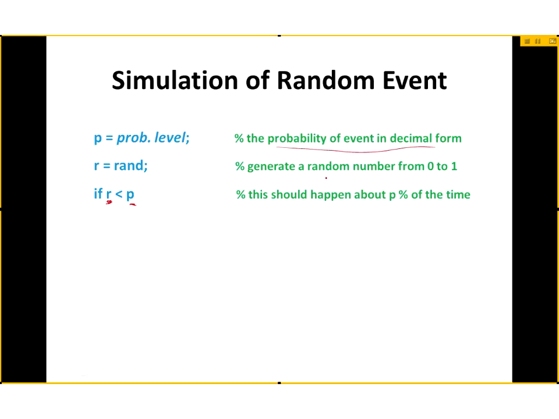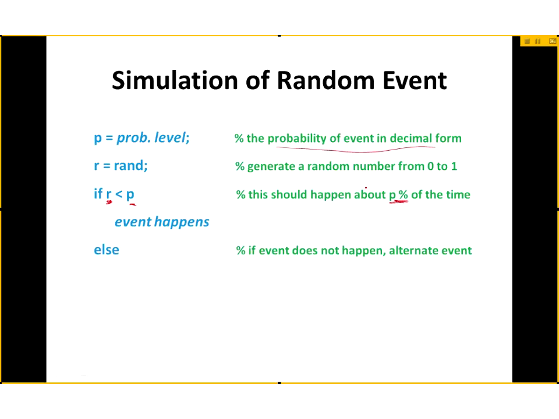And of course, because we have evenly distributed random numbers between 0 and 1, the random number r that's generated will be less than p about p% of the time. And we can verify this in a moment with an example. And of course, if r is less than p, then there's some event that takes place, and we, of course, will program whatever actual computer actions we'd like to take place associated with that event.